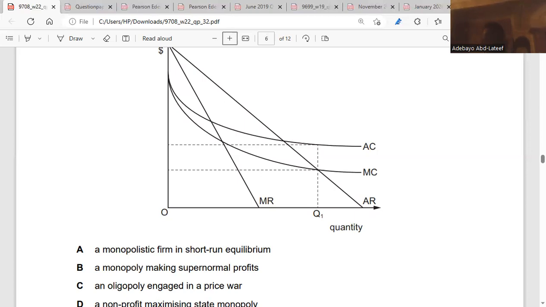At Q1, your MC must be your AR. You're going to produce extra. The government takes the cost, not the consumers. So that's why MC must equal AR at Q1. But if MC equals MR, it means that the monopoly wants to maximize profit. Is it clear, please?